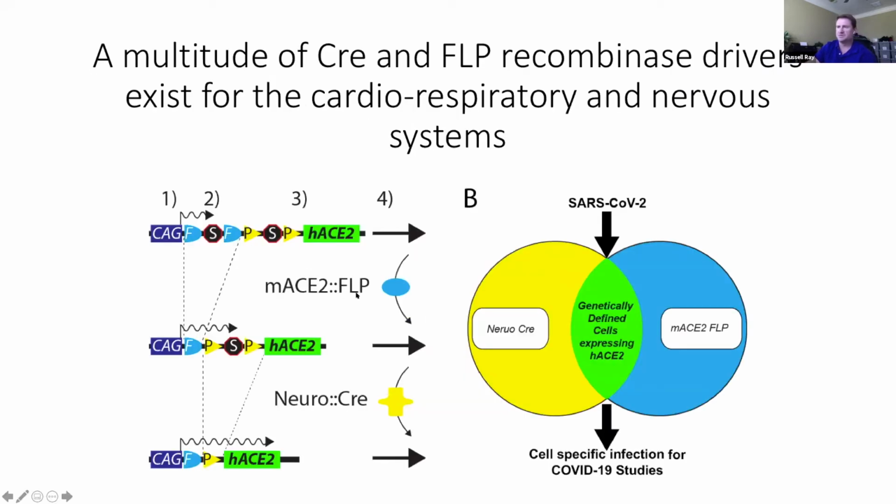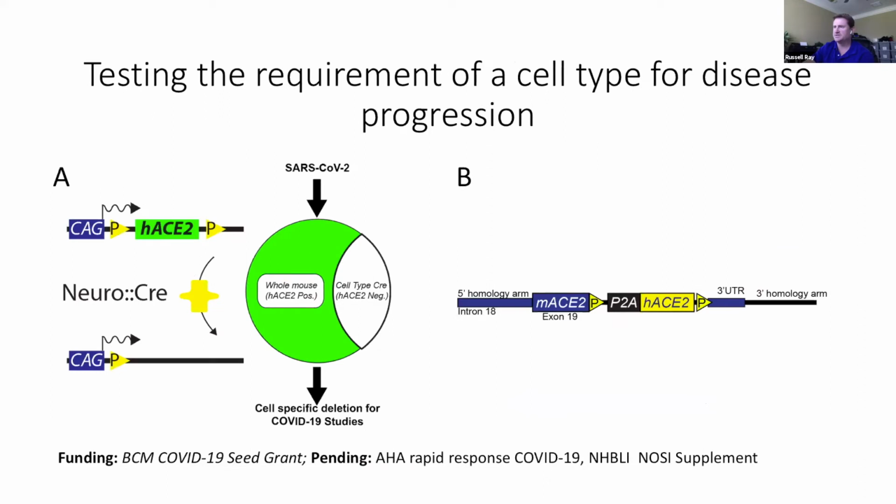So for example, this is just again a schematic where we would have the MACE2 flip to remove the first stop cassette, the neurocre to remove the second stop cassette. And only in ACE2 expressing neurons would we express human ACE2 for infection. So this gives us an ability to map in a positive fashion which cells would play a role in various aspects of COVID-19 disease progression.